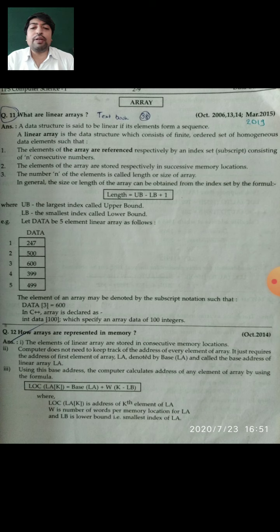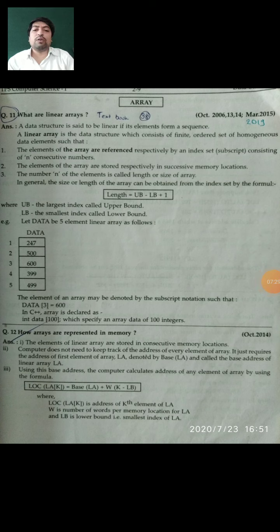What is W? W is the number of words per memory location for LA, and LB is the lower bound, that is the smallest index of LA.